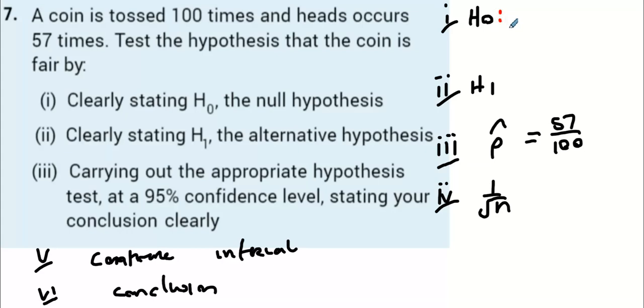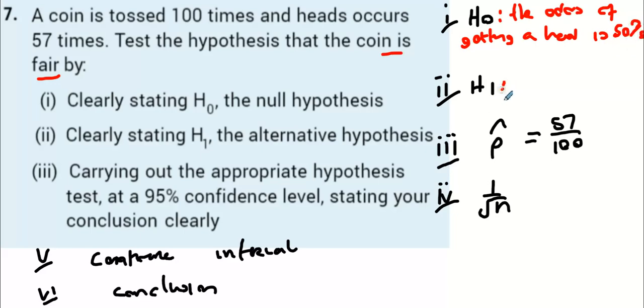H1. All right, what do you mean by the coin is fair? So the odds of getting a head is 50%. Is that all right? Now what's H1? The odds of getting a head is not 50%. Okay? The null hypothesis: the odds of getting a head is 50%.